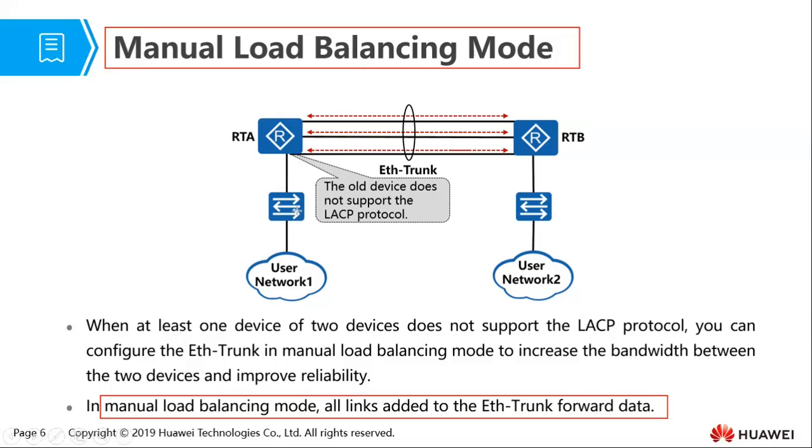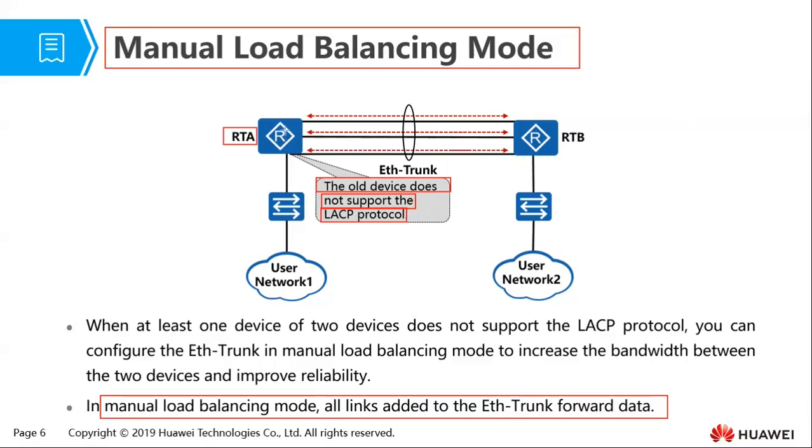Most of the time, it is advised that you configure Ethernet trunk using LACP. When you use a protocol, dynamic is easier to maintain because it can handle failures on its own. But manual is more involving. But sometimes in your network, you might have an old device that does not support LACP protocol. So whenever any device in your network is unable to support, for example, LACP protocol, then you have to configure all of them with manual load balancing mode.